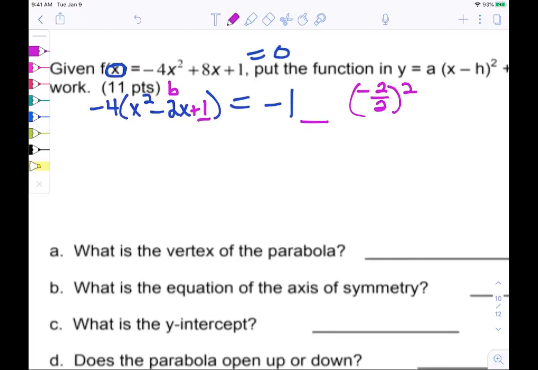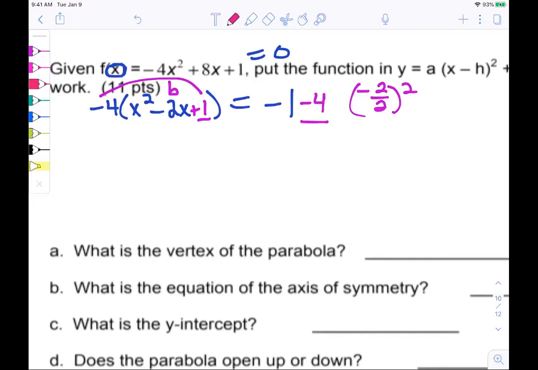Awesome, nice job. That's the other part to be really careful with. The -4 must multiply with that 1. When I was looking at homework, some people are missing that part, and it is going to change your answer. So anytime you factor out a coefficient, that coefficient affects the number that you're placing inside to complete the square to make it a perfect square trinomial.